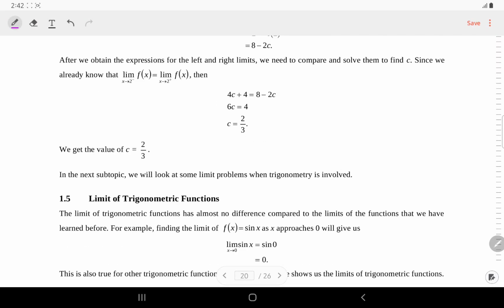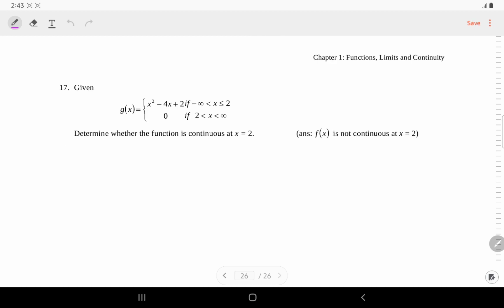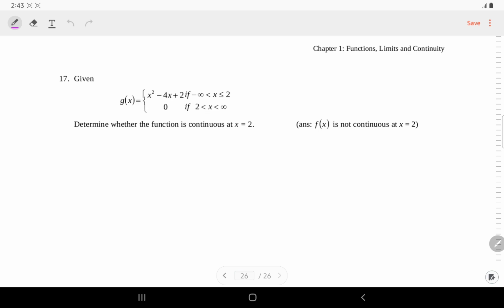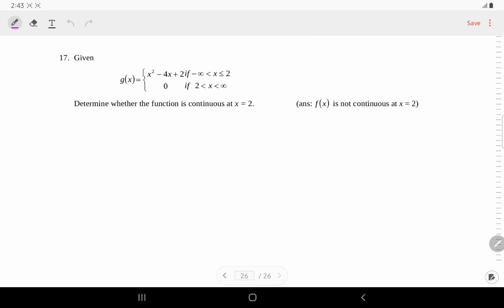Let's take a look at another example in which the function is actually not continuous. Look at the exercise at the back of chapter 1 in this book, question number 17. We have function g, which is also a piecewise function.